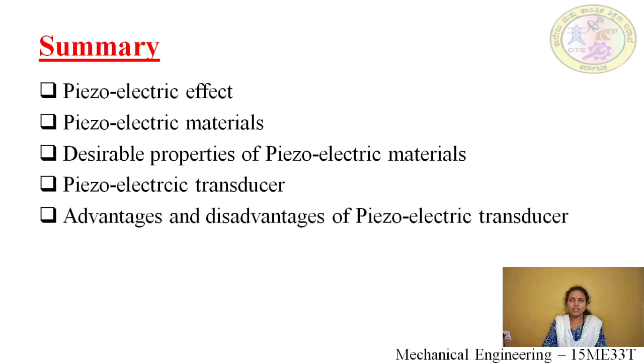The second one was that it cannot be used for static conditions, because in the advantages I already said it is suited for dynamic measurements, but it cannot be used for static conditions. The third disadvantage is that the output is quite low. These were some of the disadvantages of the piezoelectric transducer.